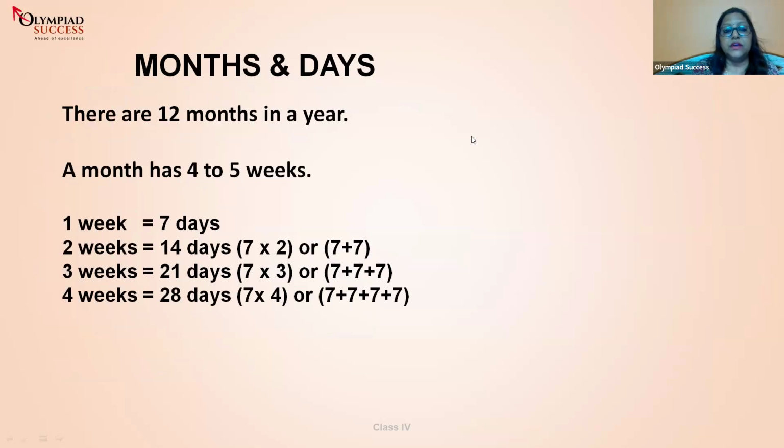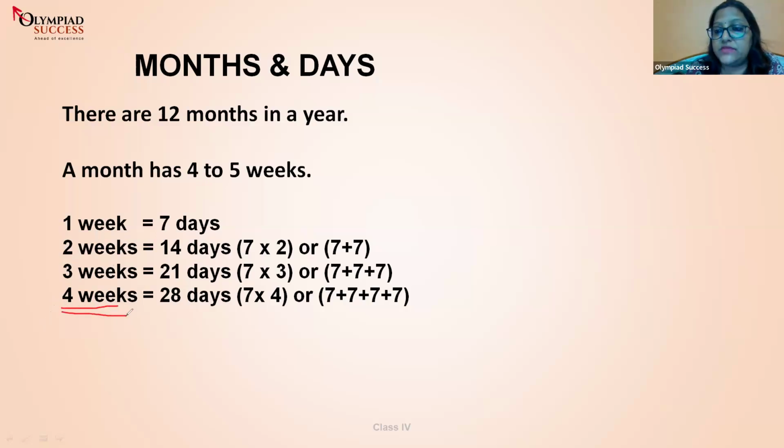Here they are asking you if there are 12 months in a year. 1 month has almost like 4 to 5 weeks. So if I ask you, 1 week we have 7 days, how many days do we have in 4 weeks?